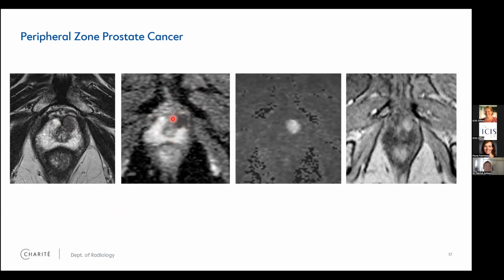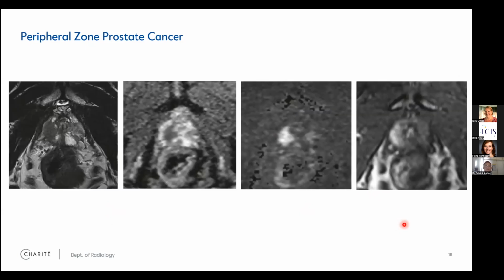So you see a signal drop on the ADC map. And this mirrors with the high B value image, where you see bright signal intensity in the lesion. And on the right is the DCE sequence, again early arterial phase, and you can see focal early enhancement in the lesion. So these are the typical imaging findings of peripheral zone prostate cancer.